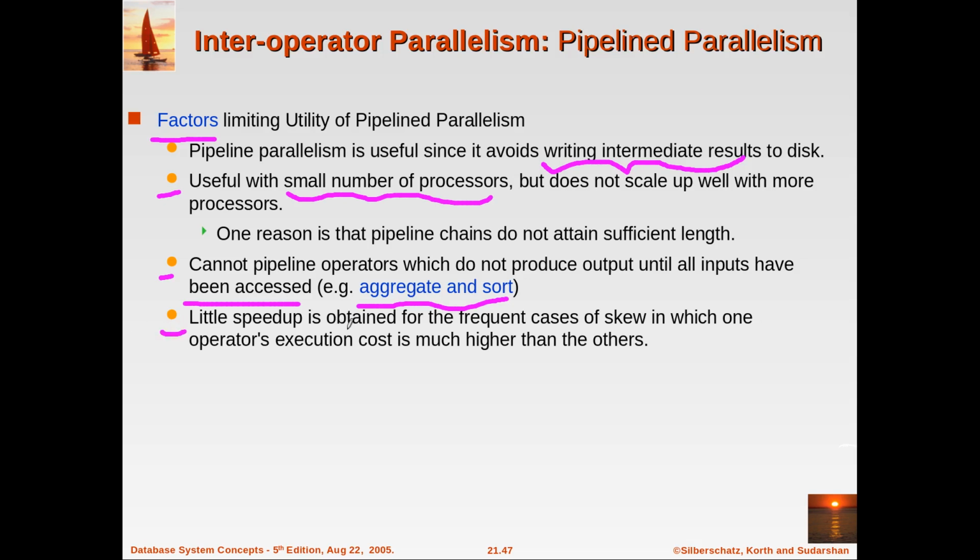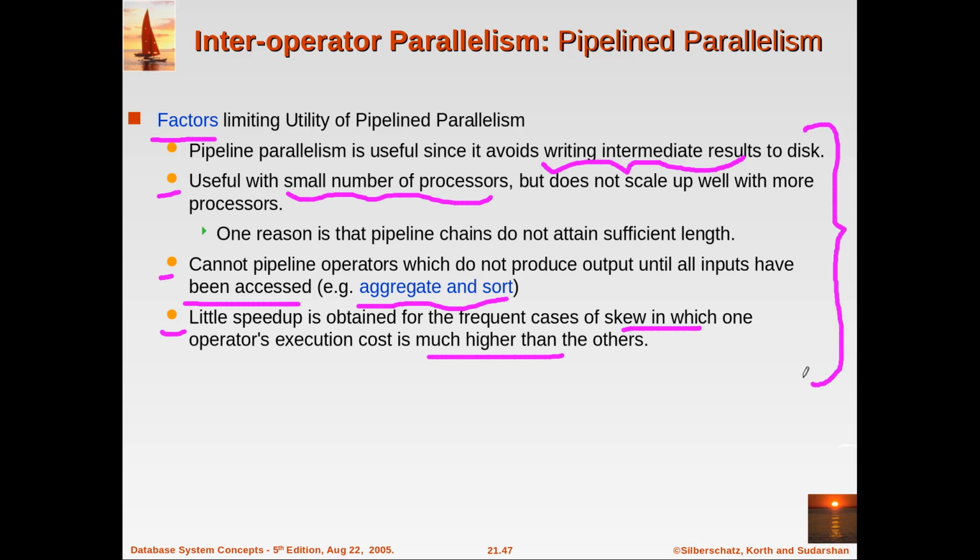Similarly, only a little speedup is obtained in the frequent cases of skew, in which one operator's execution cost is much higher than the others. So when we are using pipeline parallelism, we can have only very little speedup when we have skew variation. Normally the problem with pipeline parallelism is it cannot be applied in a very large architecture.